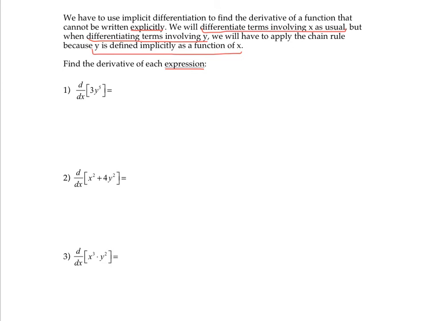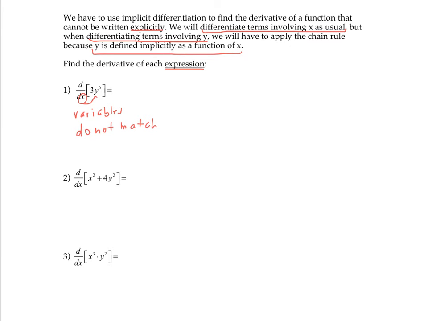In our first example, we want to find the derivative of 3y to the fifth. Notice right here that it's a derivative of y in terms of x. The variables do not match. So we're going to apply the chain rule.